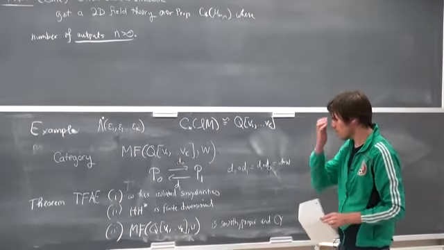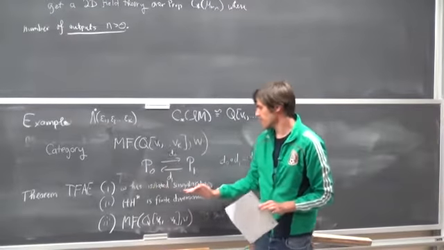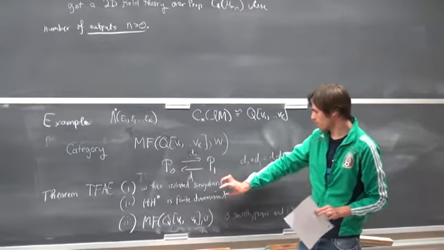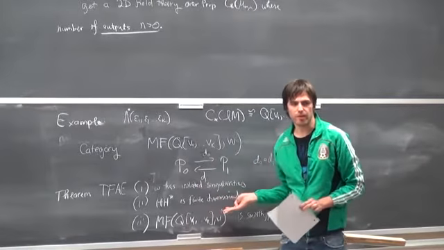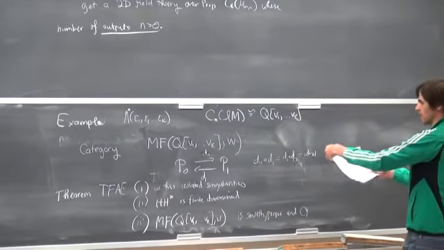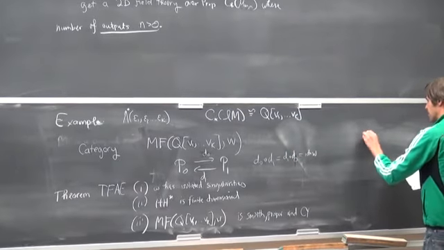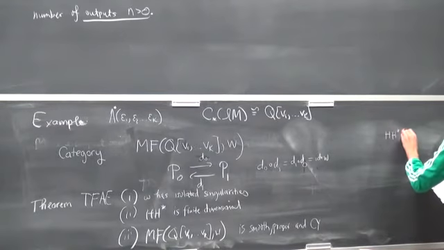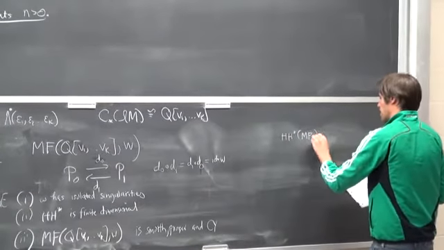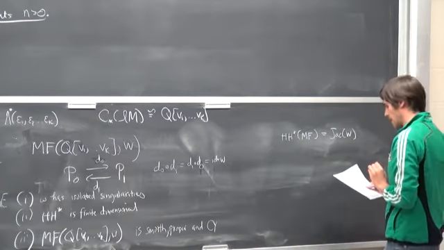The reason that I'm emphasizing this is that the condition that W having isolated singularities can be rephrased as the Hochschild cohomology being finite dimensional. In fact, if you compute it, HH0 of MF is equal to the Jacobian ring of W. But why is this thing a ring?